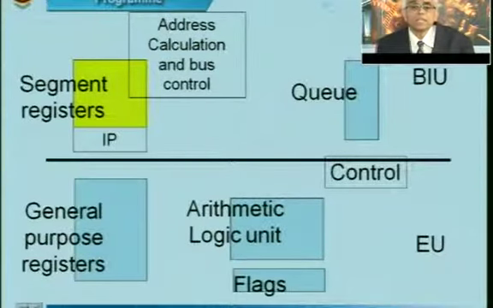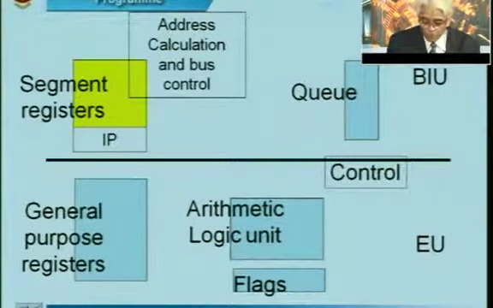As soon as the execution unit gives this request to the bus interface unit, the bus interface unit will complete its present cycle of fetching the data and putting it into the queue. Afterwards, it executes the required instruction provided by the execution unit, fetches the required data and passes it to the execution unit for its operation.